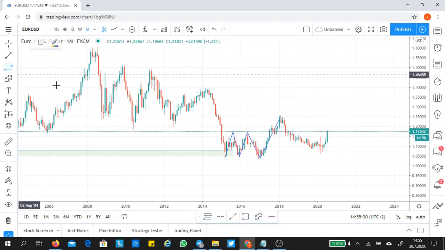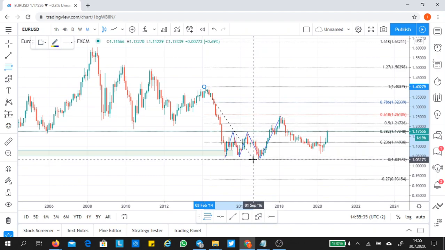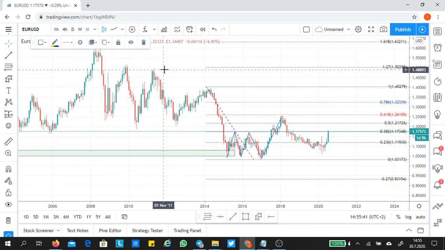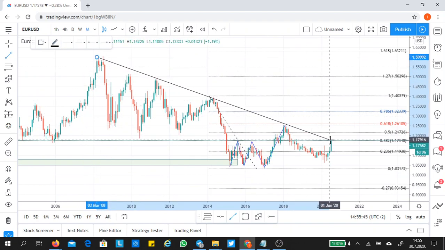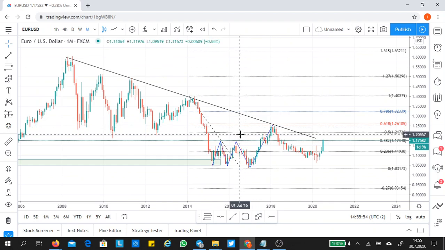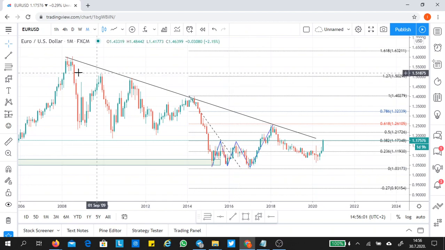We'll make a Fibonacci from here to here, from the highest point to the lowest point, and we will also notice that we have here now the trend line, which is again corresponding to the 61.80 of the Fibo retracement.